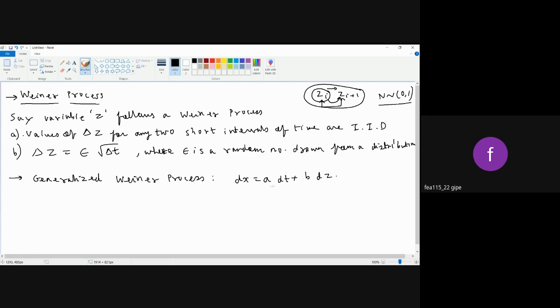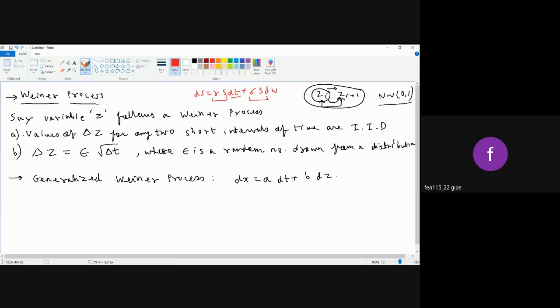This is like a standard form which we had seen some time back as well. If you recollect, I had earlier written ds equal to r s dt plus sigma s dw. So r times s is something which I'm generalizing through the variable a, and sigma times s is something which I am generalizing through variable b.